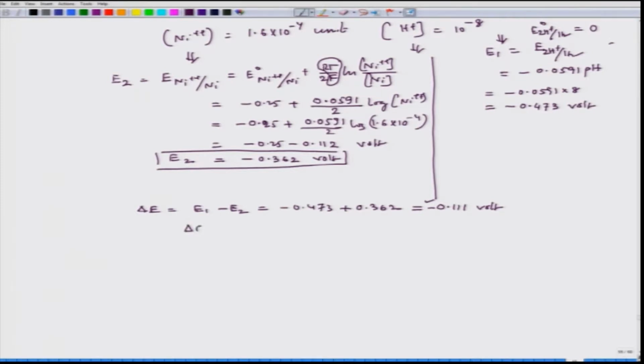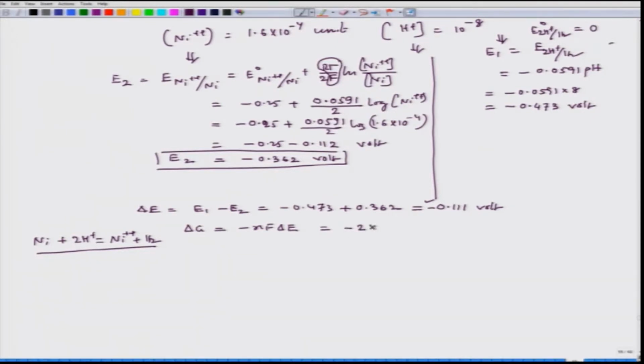So, del G, the overall free energy change for the system, and the overall reaction is Ni plus 2H plus equal to Ni plus plus H2. This is the overall reaction. So, for that the change would be minus nF del E, and here n is equal to 2.